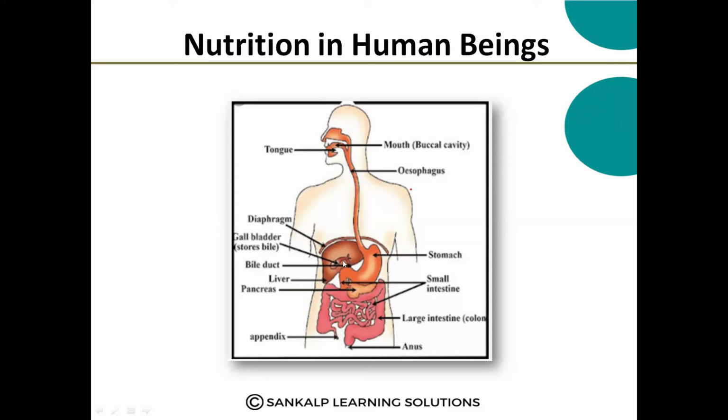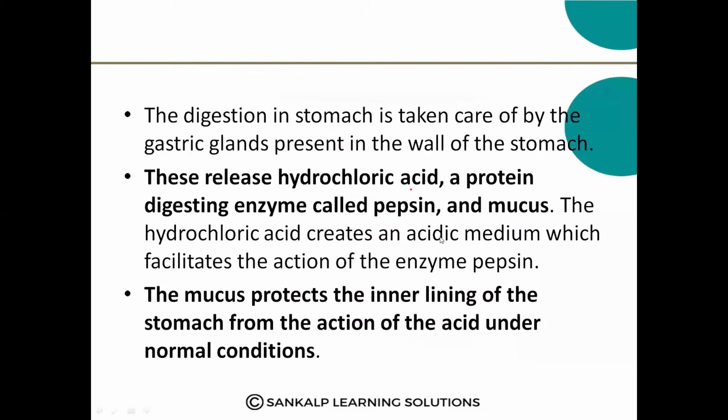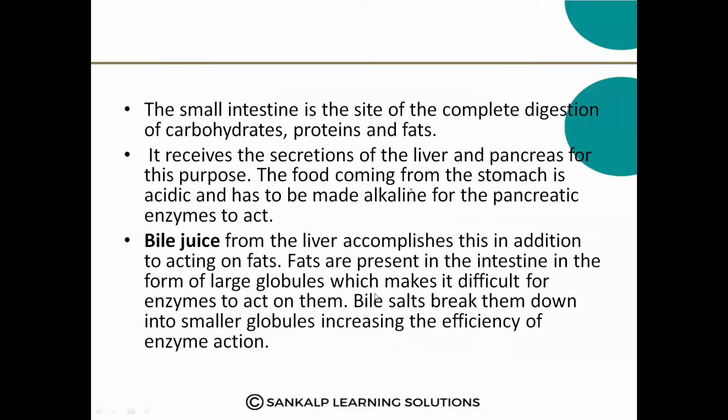Duct means pipe like structure. So that bile juice is transported to the small intestine. And what is the function of this bile juice in the small intestine? It helps for the digestion of the fat. The main function of the bile juice is to help for the digestion of the fat.